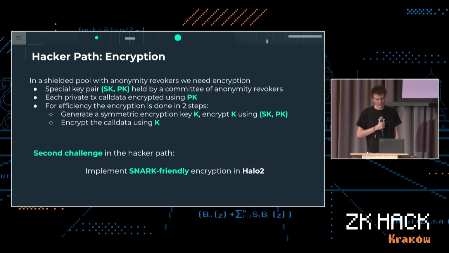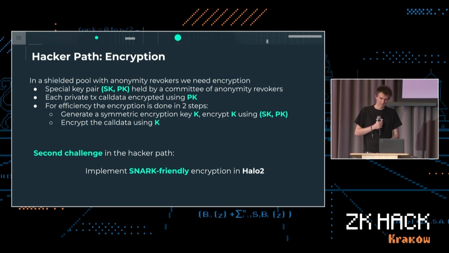Obviously, this is not so easy, and the decision process of what needs to be revealed and what doesn't is kind of complex. But the technical part here is that we need to add some mechanism to the system that will allow us to de-anonymize some users.